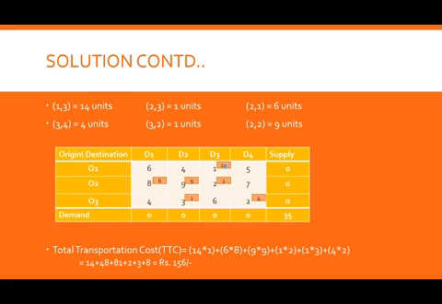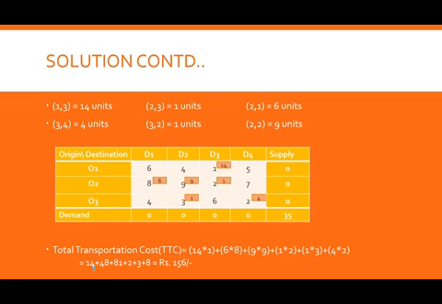So now we are supposed to compute the transportation cost. So 14 into 1 plus 6 into 8 plus 9 into 9 plus 1 into 2 plus 1 into 3 plus 4 into 2.